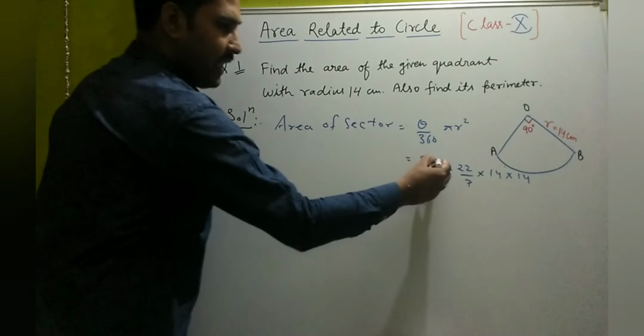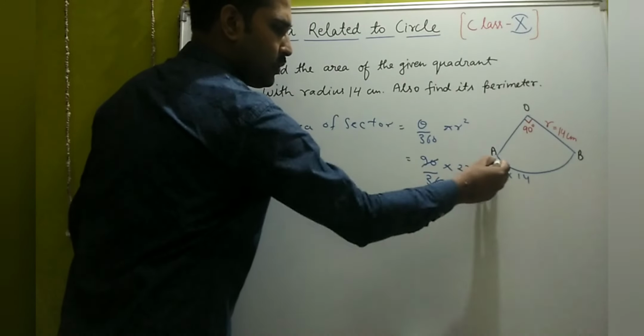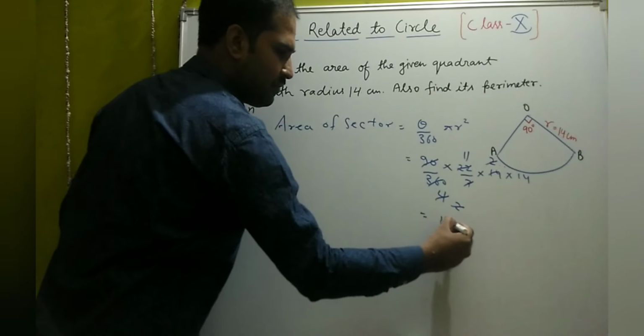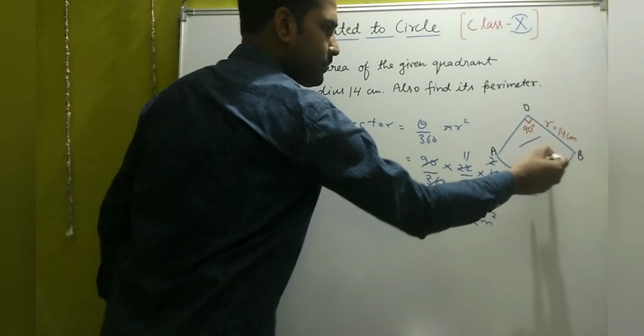So 90 and 360 cancel out, 7 twos are 14 and 2 twos are 4 and 2 and 22 cancel out, 11 into 14, that is 154 centimeter square is the area of the sector.